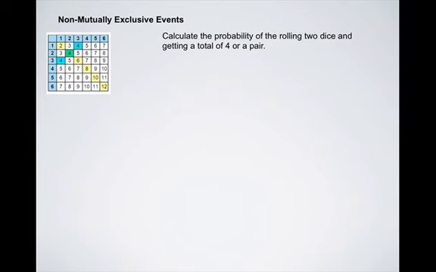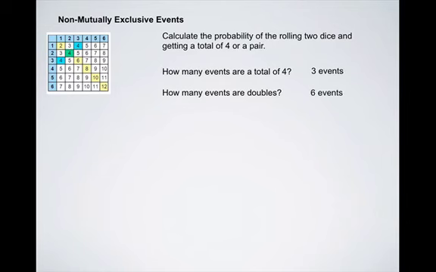Now, you'll notice that there is one common square to both of these, and that's where you roll doubles, which is 2 2s, which is also rolling a total of 4. So if we consider there are 3 events where you roll a 4, and there are 6 events where you roll doubles.